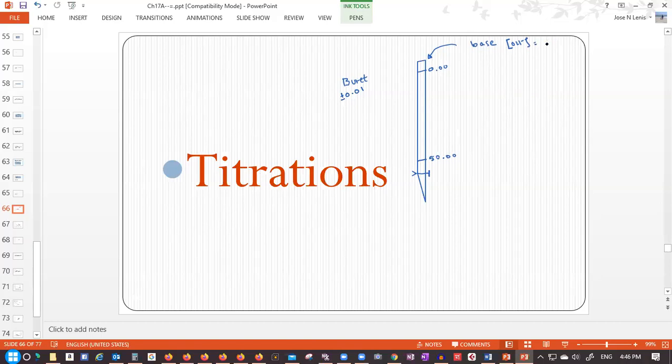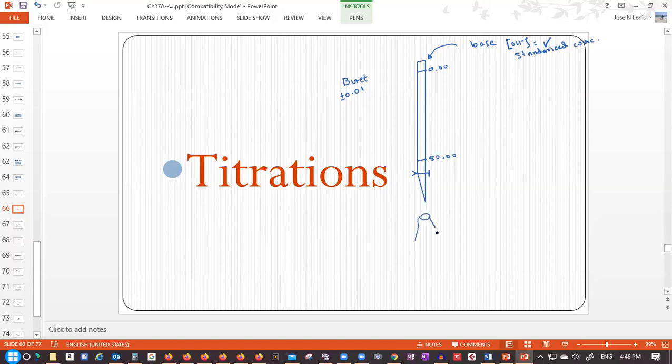It's known. You know that very precisely. Usually standardized. That means we know for sure what is the exact concentration of the base, and that's the one that goes here.